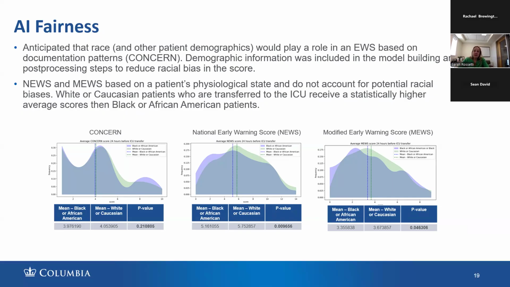And so what we did find is that there were differences between groups of Black patients and white patients in terms of the output that was generated, the average score generated. You see the same thing for the Muse score and the National Early Warning Score, which are some of the leading used early warning scores across our country and other countries.